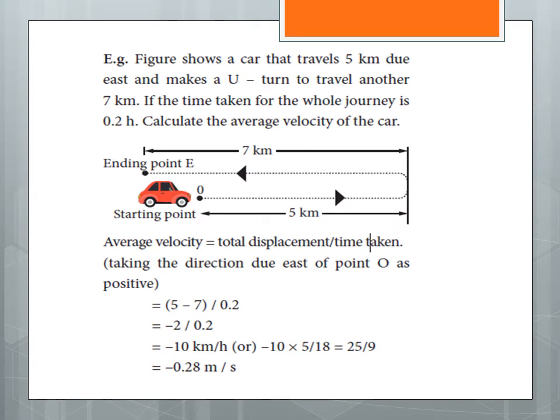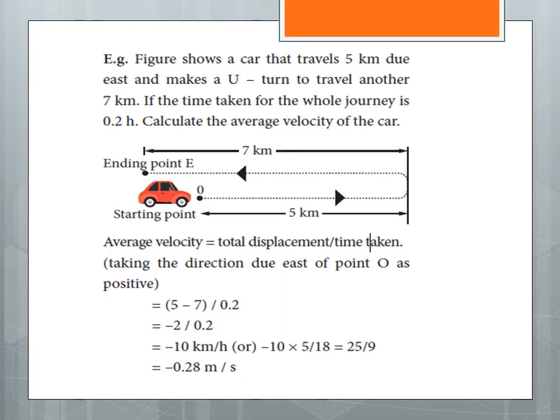The figure shows a car that travels 5 km due east and makes a U-turn to travel another 7 km. If the time taken for the whole journey is 0.2 hours, calculate the average velocity of the car. 5 km due east and 7 km are given. Average velocity equals displacement divided by time taken.